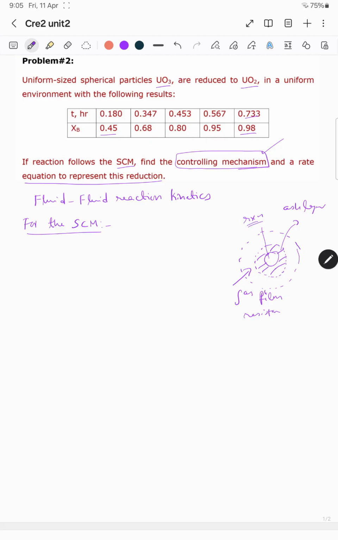Further data is given, t versus conversion. Based on this data we should find out which mechanism is controlling. So first let me assume diffusion through gas film control.